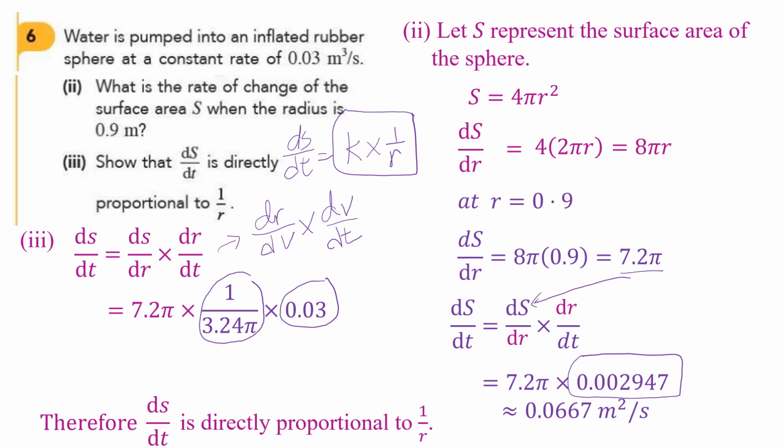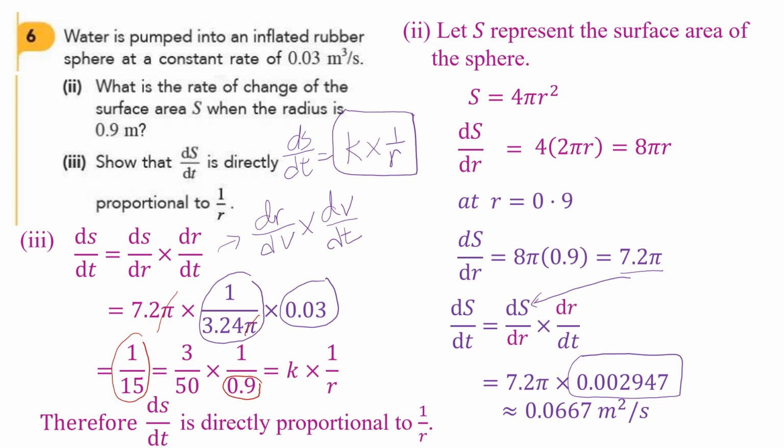Why do you want to do that? So that you end up getting this pi, and this pi goes off, and you can just get a rational number 1 over 15, and you can rewrite it as 3 over 50 times 1 over 0.9, because your 0.9 is the radius of the sphere.